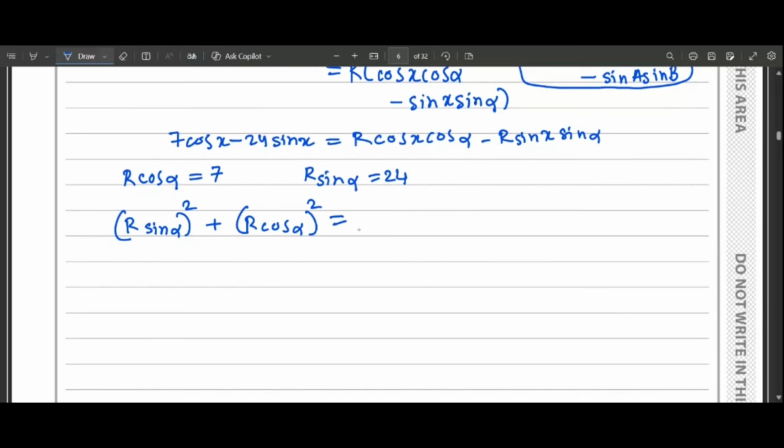So r sin alpha is 24 and r cos alpha is 7. So r sin alpha whole square plus r cos alpha whole square will be equal to 24 square plus 7 square. Now if I expand and simplify the left hand side, we get r square sin square alpha plus r square cos square alpha equals 24 square plus 7 square.